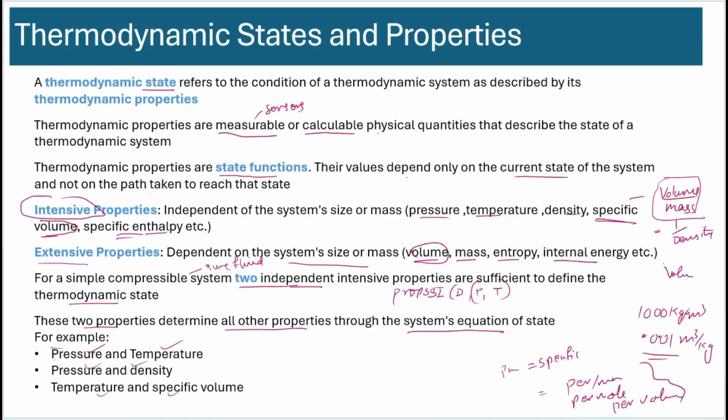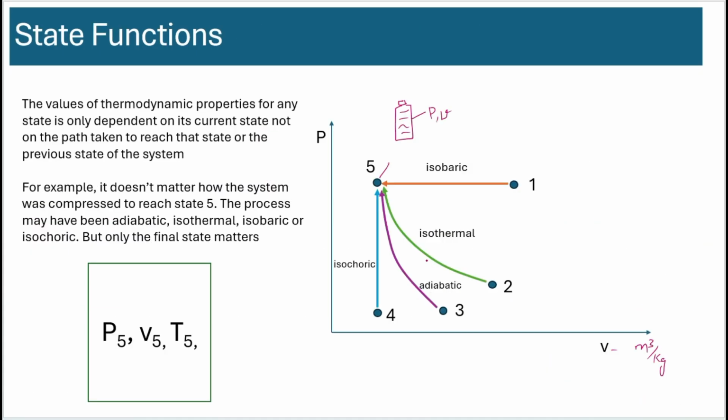To determine the state of the system, you need independent intensive properties. That's one of the reasons I changed this to meter cube per kilogram, because now this is an intensive property.